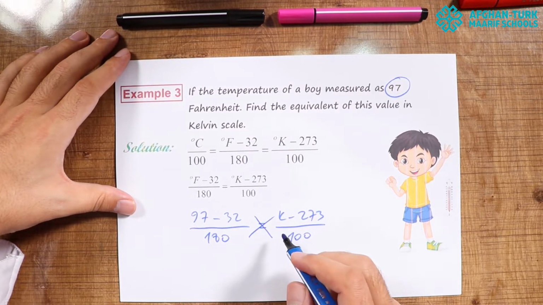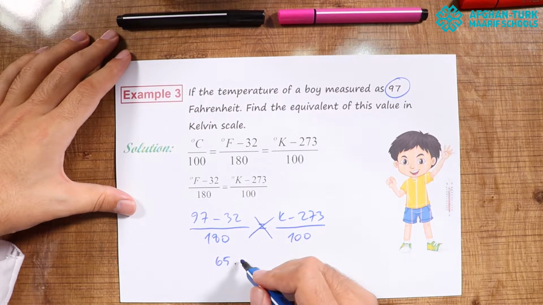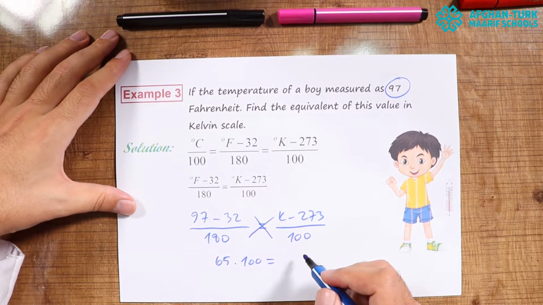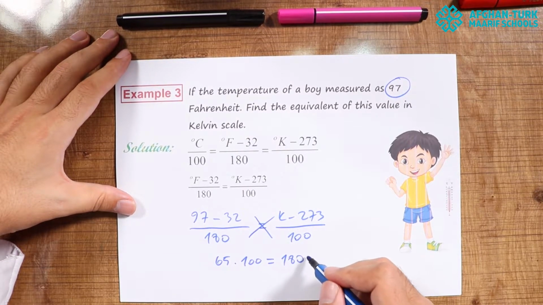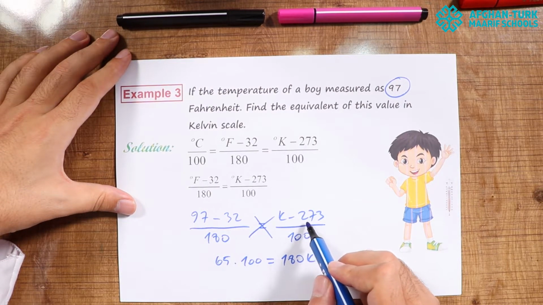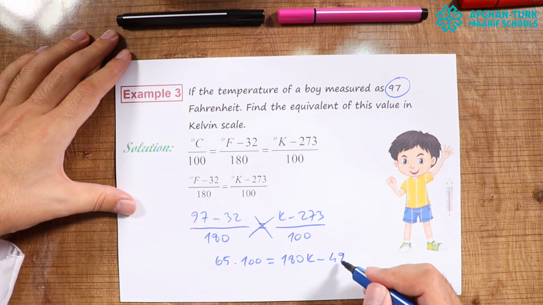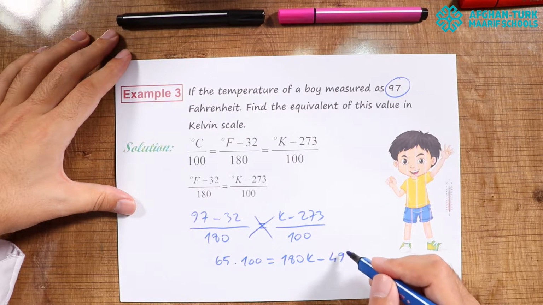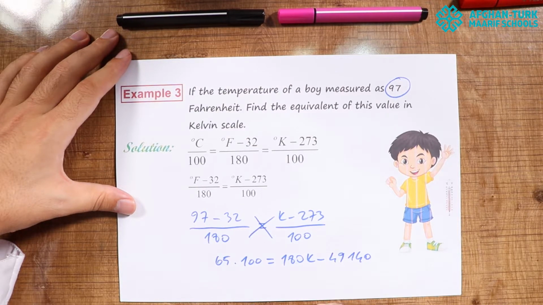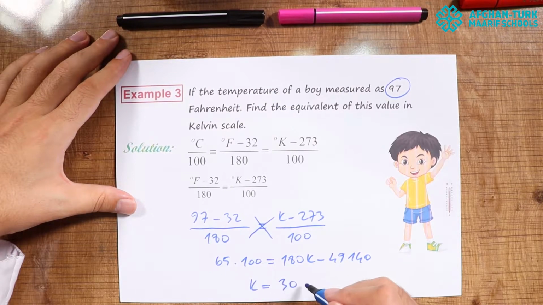Cross multiply, I will have 65 times 100 equal to 180K minus 180 times 273, which is equal to 49,140. And from here I can find K as 309.